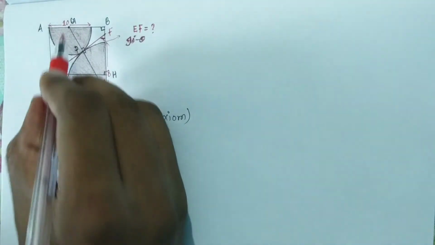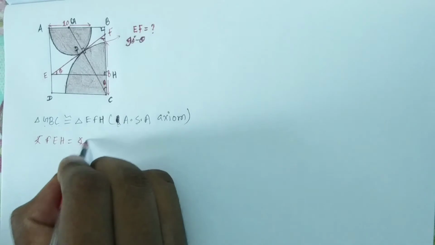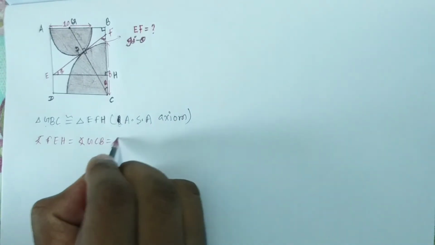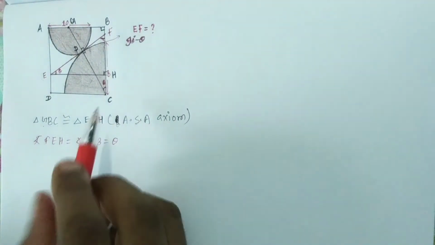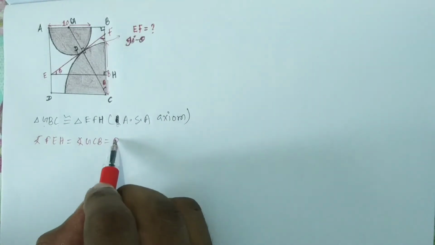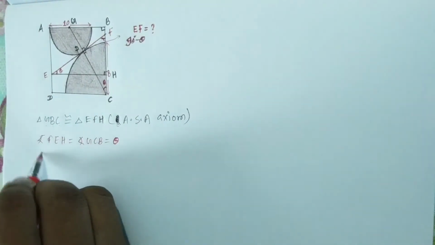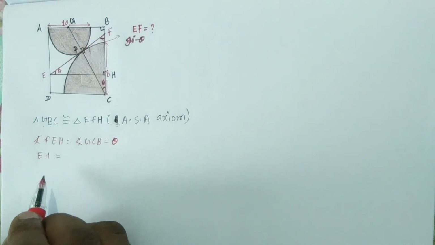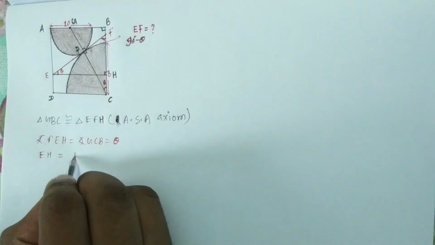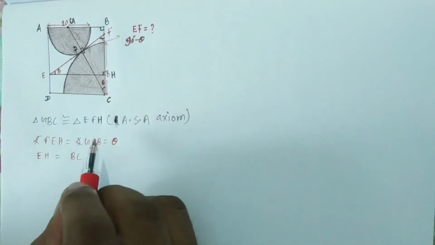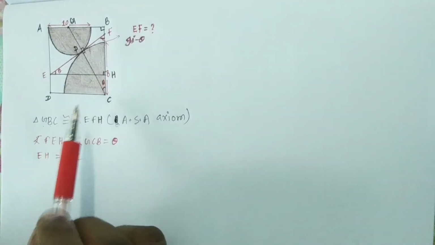This angle is equal to, we have GCB, because both have the measurement theta here. And then the side EH is equal to the side BC, because both are sides of a square.